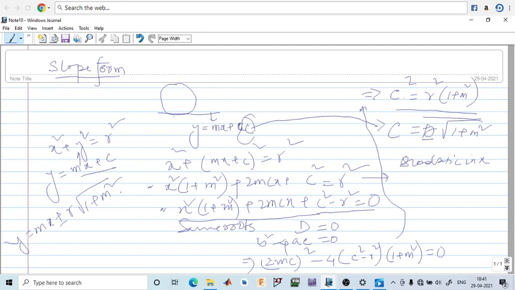Suppose the equation is y equals mx plus c, and the equation that corresponds to point form is xx1 plus yy1 equals r square. Then what we should do is write x x1 plus y y1 minus r square equals 0.